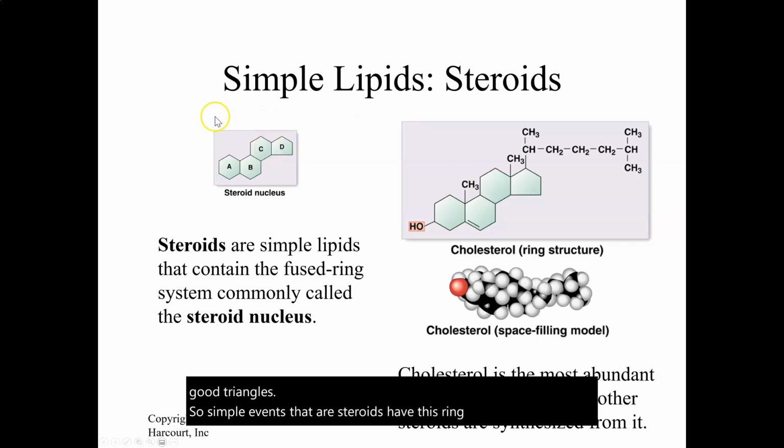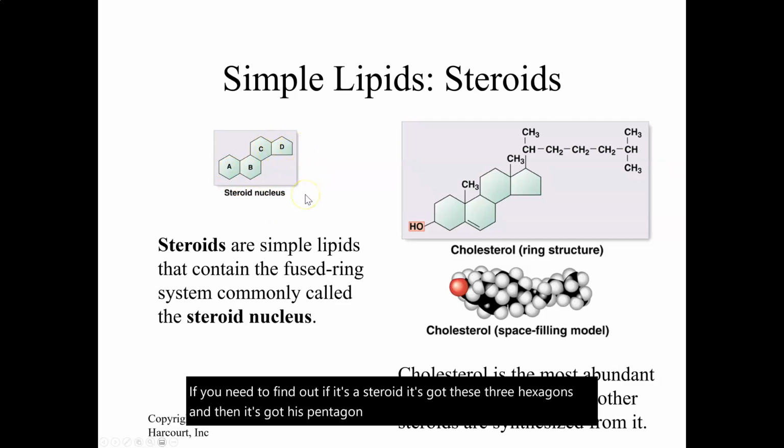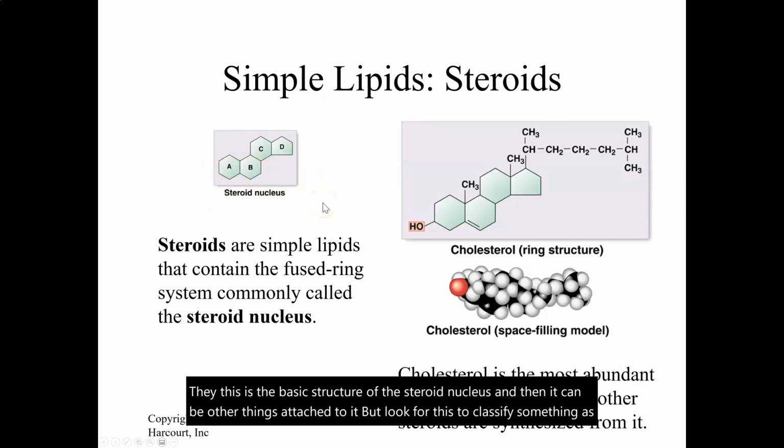So look for this if you need to find out if it's a steroid. It's got these 3 hexagons, and then it's got this pentagon here. That's the steroid nucleus. Very important molecules in our body. This is the basic structure, the steroid nucleus, and then there can be other things attached to it. But look for this to classify something as a steroid.